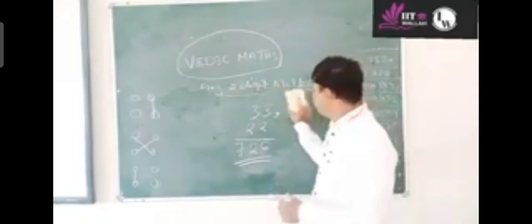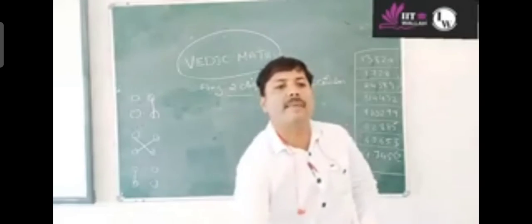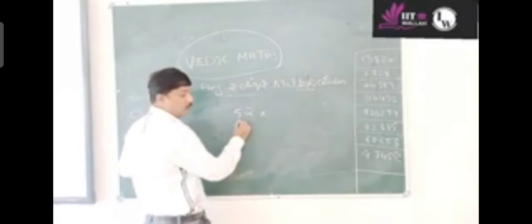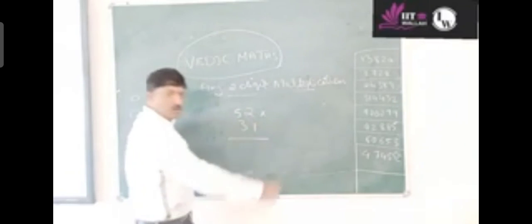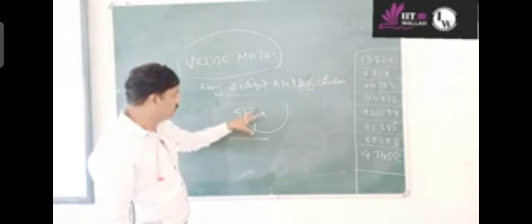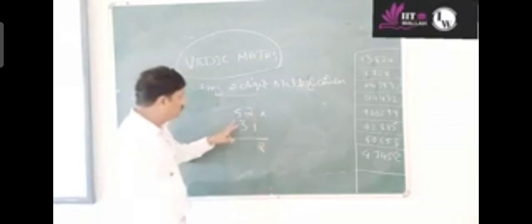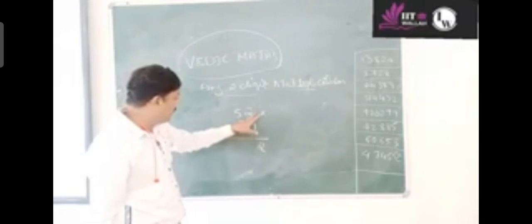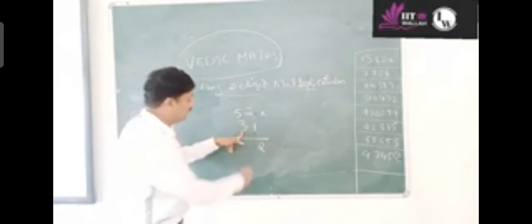Shall I wrap this? So give me another 2 digit number. Okay, 52 into 31. Okay. First you listen. 2 ones are 2. Now cross multiply and add the results. 5 plus 6, 11.